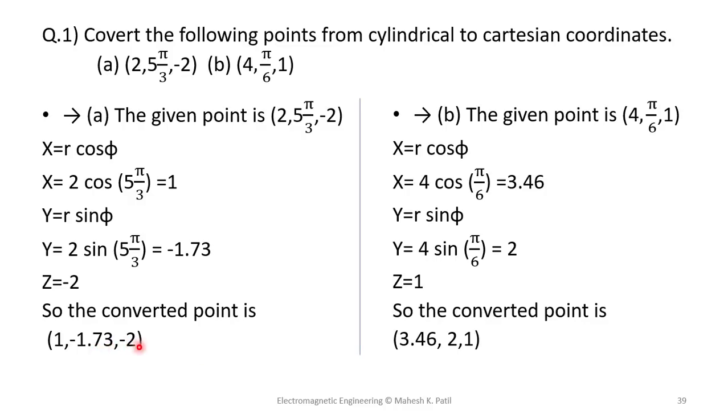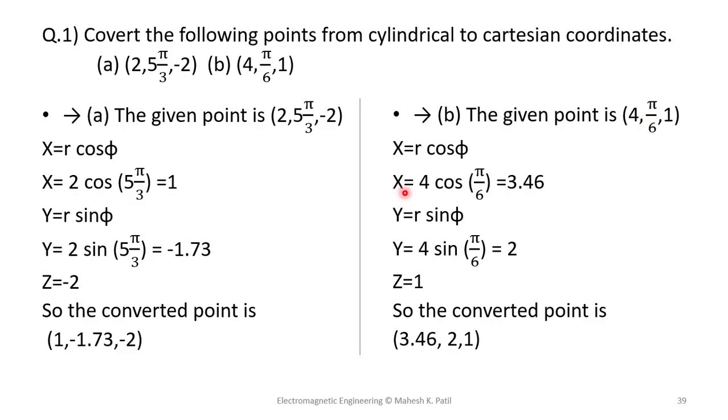Similarly, the second point is 4, pi by 6 and 1. Here we are going to convert this point into corresponding Cartesian form. Therefore x will be r cos phi. So x equal to r value here it is 4. So 4 cos phi value, it is pi by 6.